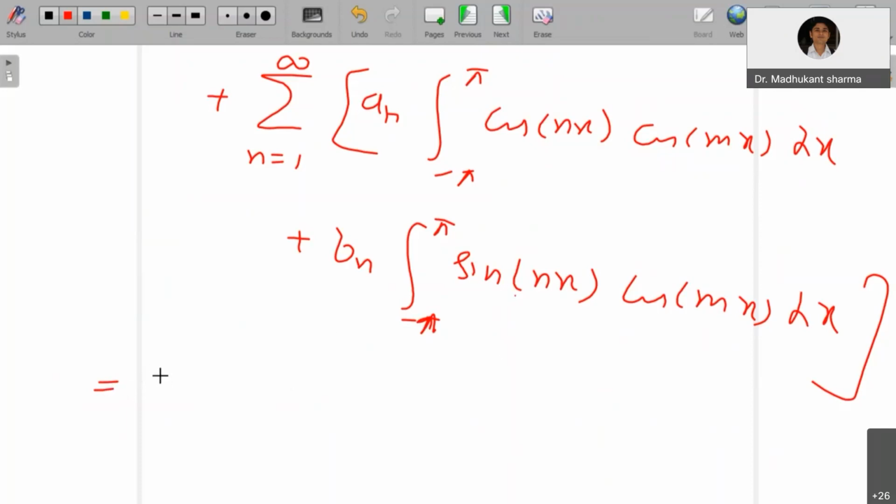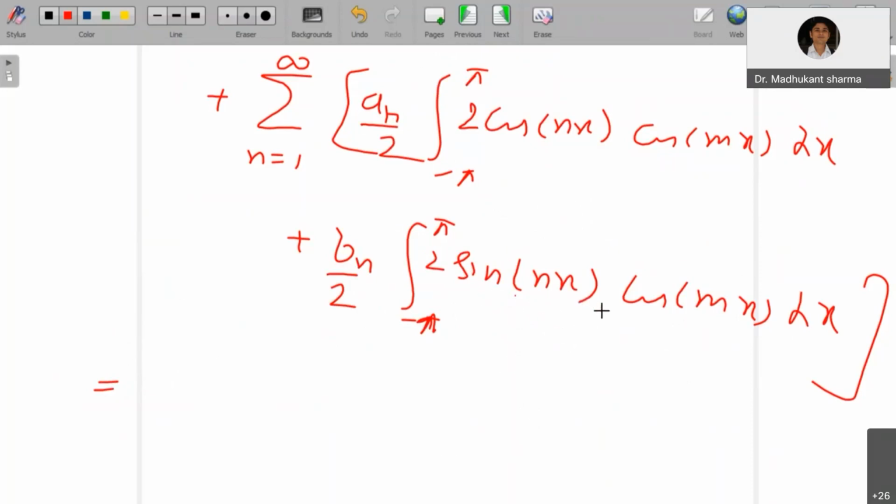I think I can leave it as an exercise for you. This is very easy because you know how to solve. You multiply by 2 and divide by 2, and use the 2 cos a cos b and 2 sin a sin b formulas. Sin a sin b is the 2 sin a cos b formula. So this term, the third term, will also not contribute anything.